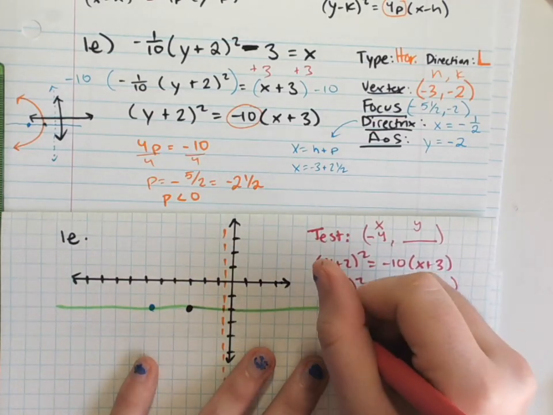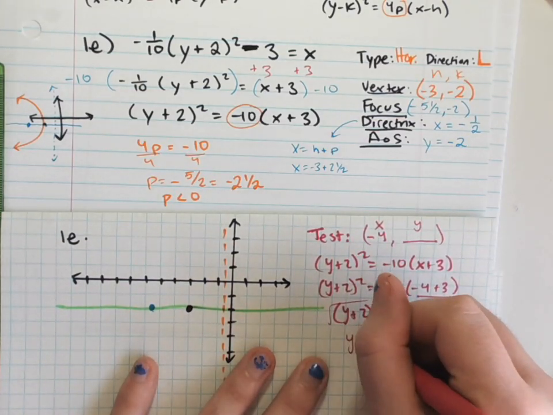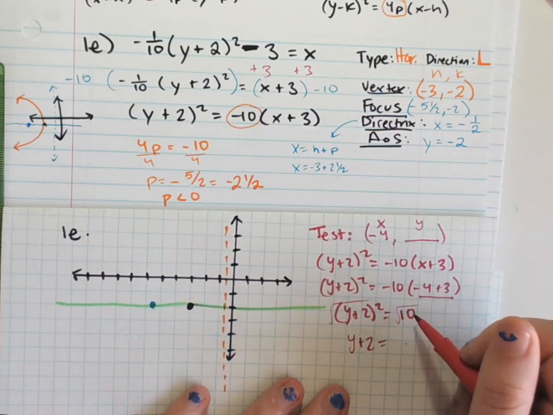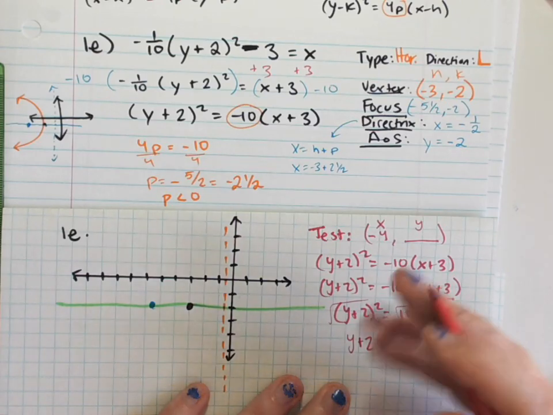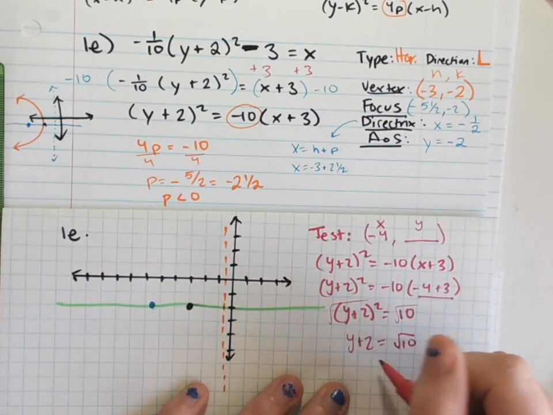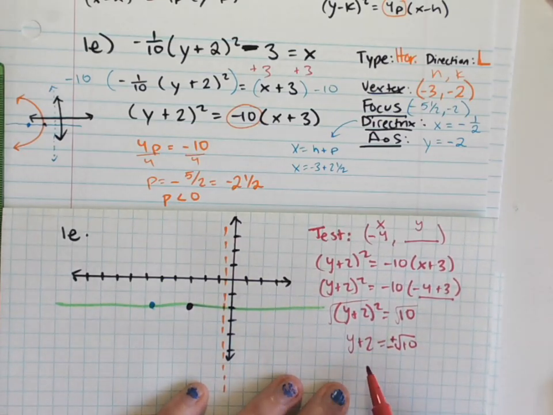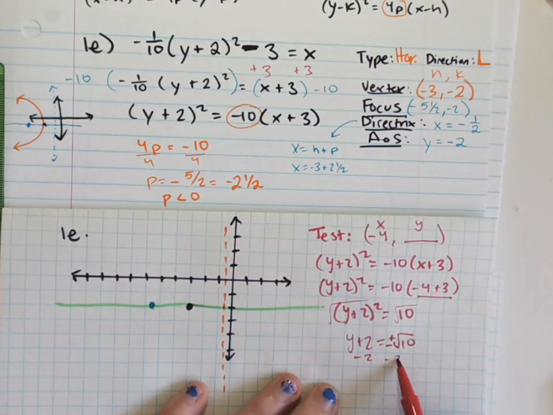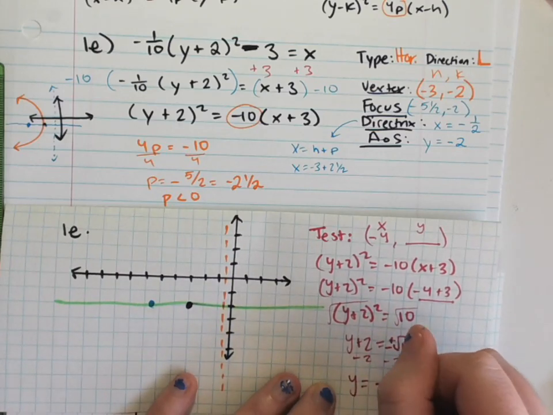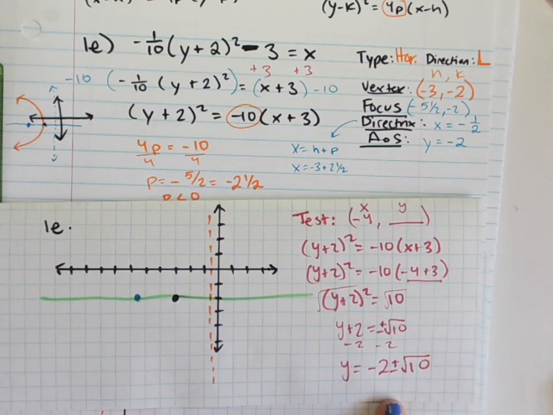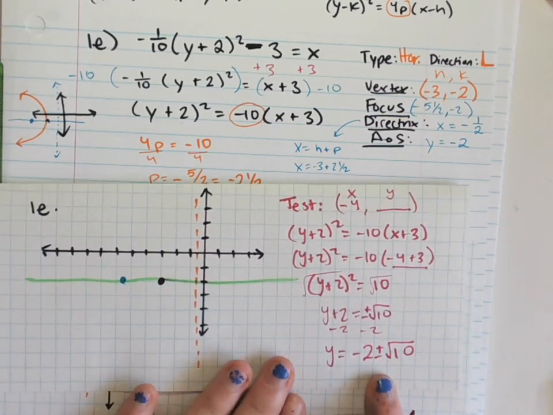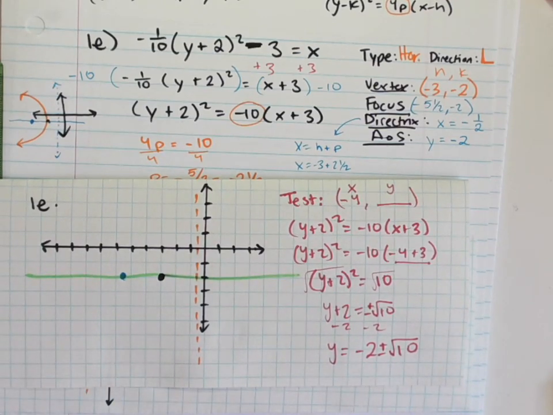So now I'm going to take the square root of both sides. Y plus 2 equals plus or minus the square root of 10. I'm going to leave it alone. I'm going to subtract 2 on both sides. Now I'm going to type that into a calculator: negative 2 plus the square root of 10 and negative 2 minus the square root of 10. Do I have my cell phone to do that?